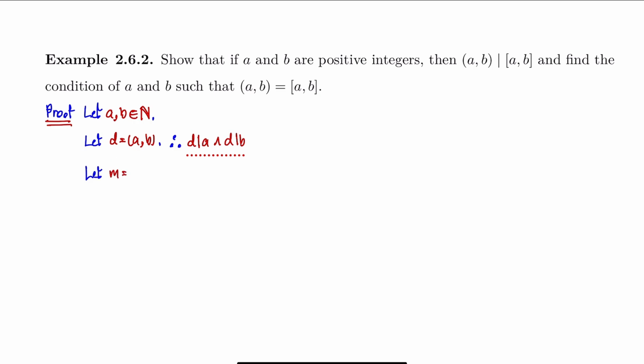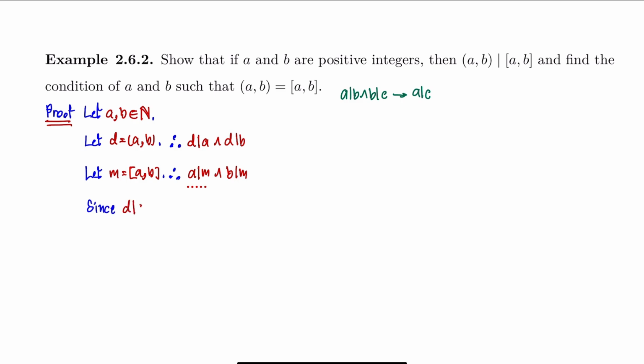And if M is the LCM of A and B, then what do we have? Since M is a multiple of A and B, that means that A divides M and B divides M. And we know that when A divides B and B divides C, we have A divides C. So we are going to use transitivity.